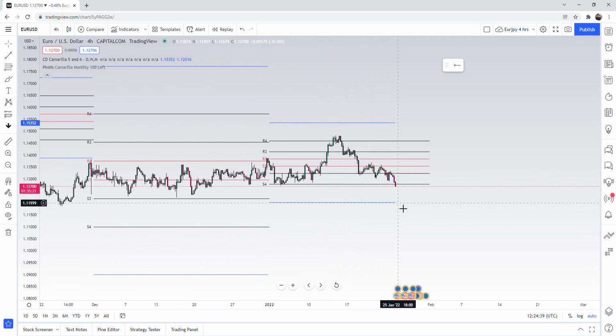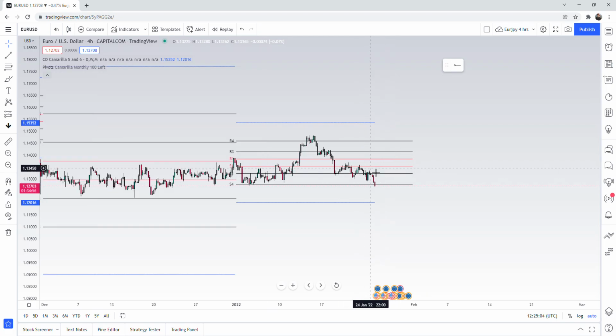But very likely price will end here, because it broke through the monthly floor S4 and crashed to S5, maybe with a pullback, maybe straight. So I'm looking for shorts. I have been shorting here again because price was below the opening range. Here I knew I had to short.